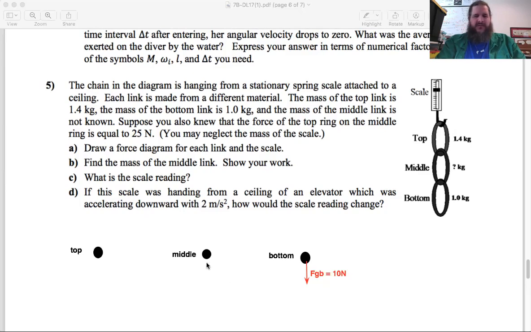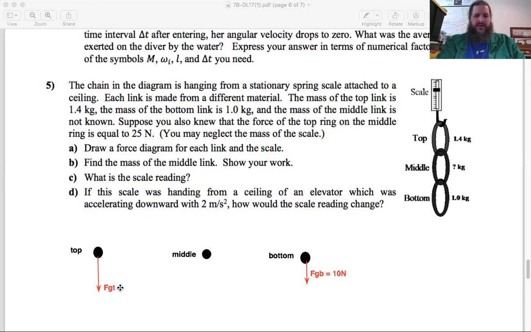In fact, let's go ahead and fill in gravity on all three of these. What's the force of gravity on the top link? How strong would that be if we know its mass is 1.4 kilograms?